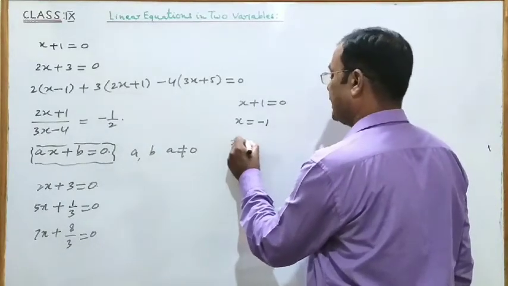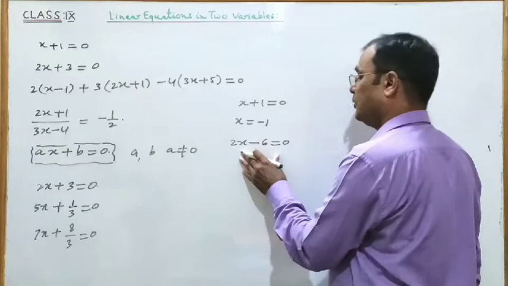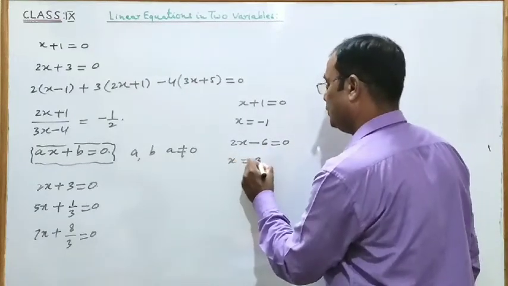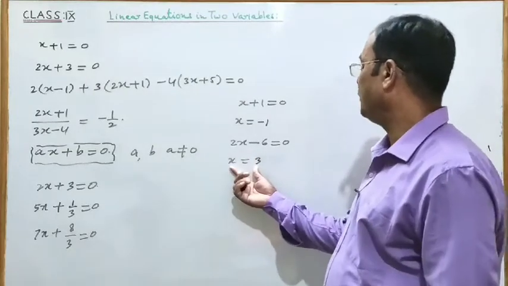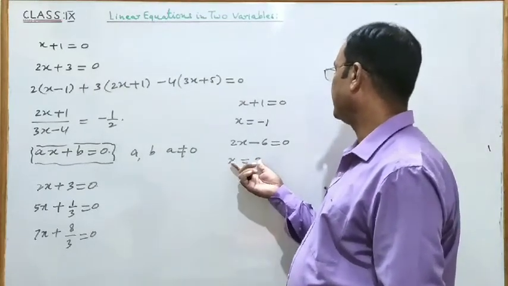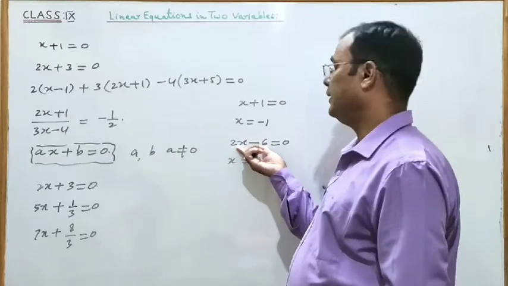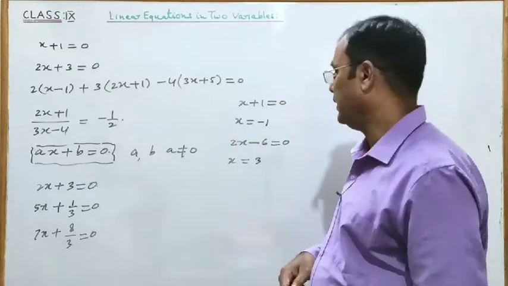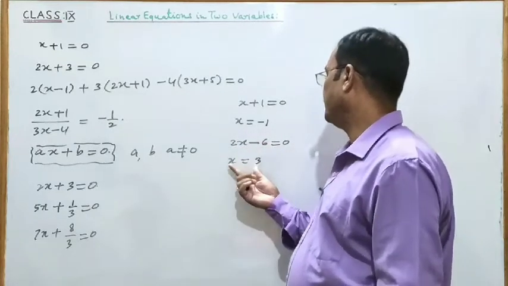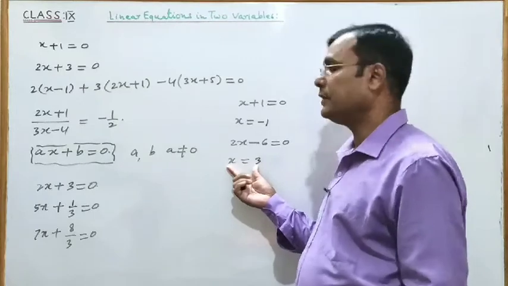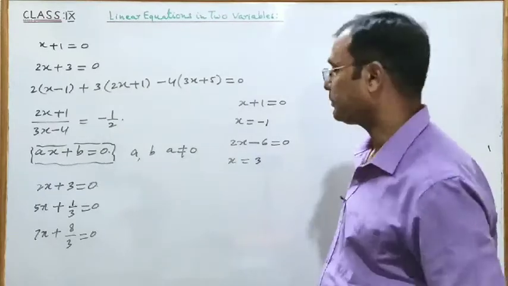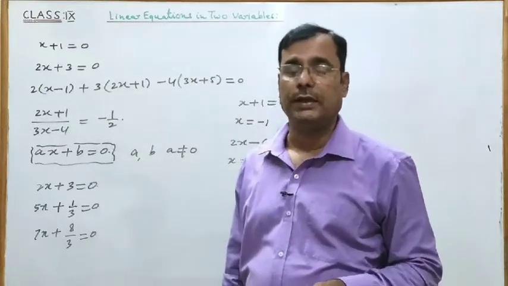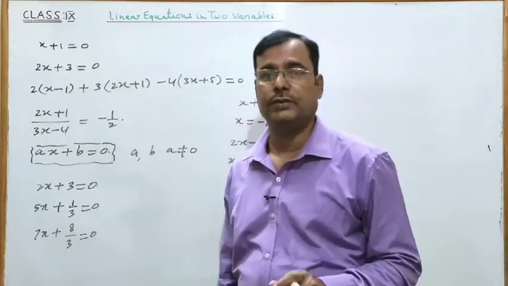Like that, if 2x - 6 = 0, then x = 3 is the only value of x which can satisfy this equation. So for this linear equation also, x = 3 is the only solution. Like this, any linear equation in one variable has only one solution.